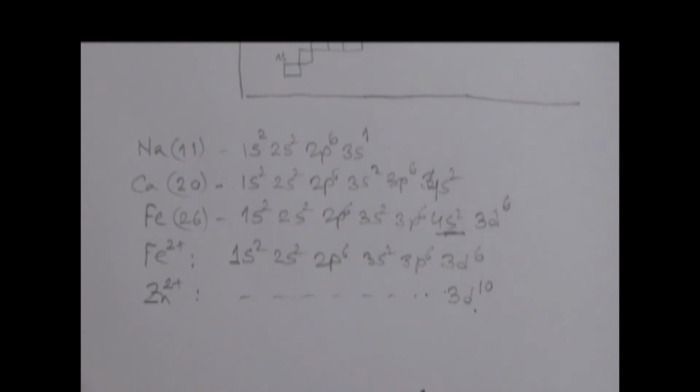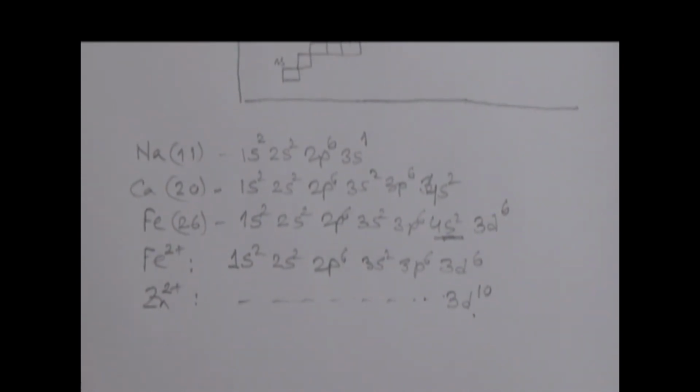And another point I want to discuss, block elements. The last electron in the orbital indicates the block element. So if we discuss here sodium, the last electron is in s orbital, so this is an s block element.